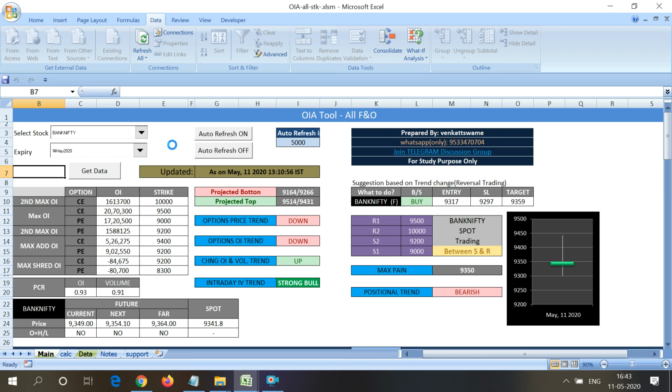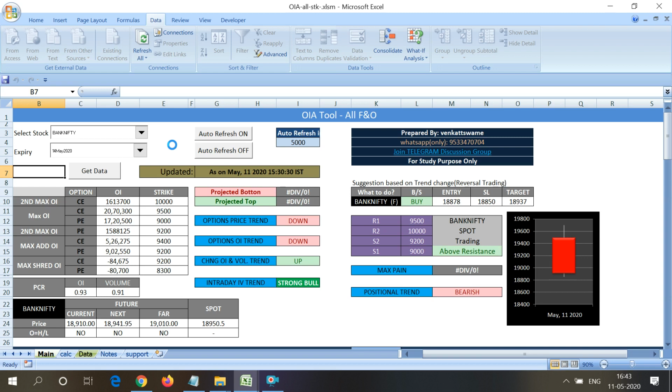It will download the data from NSE India, and after analyzing, it shows results here. It's taking time to get data from NSE India because it is now 16:43, meaning the market is closed.